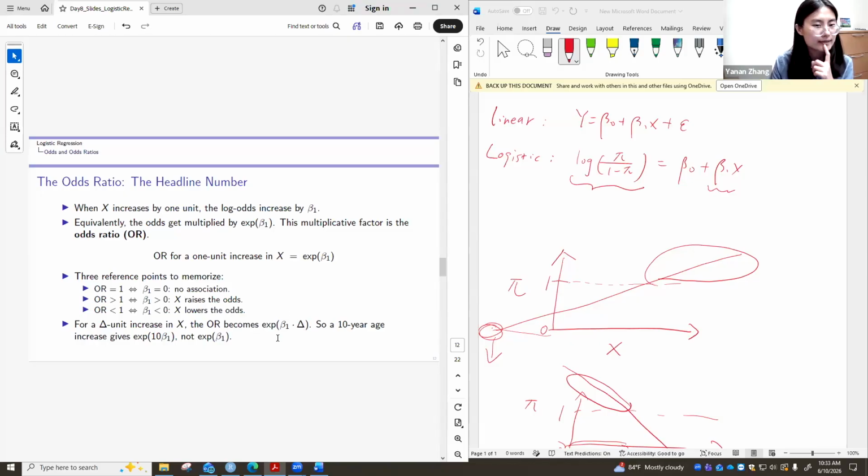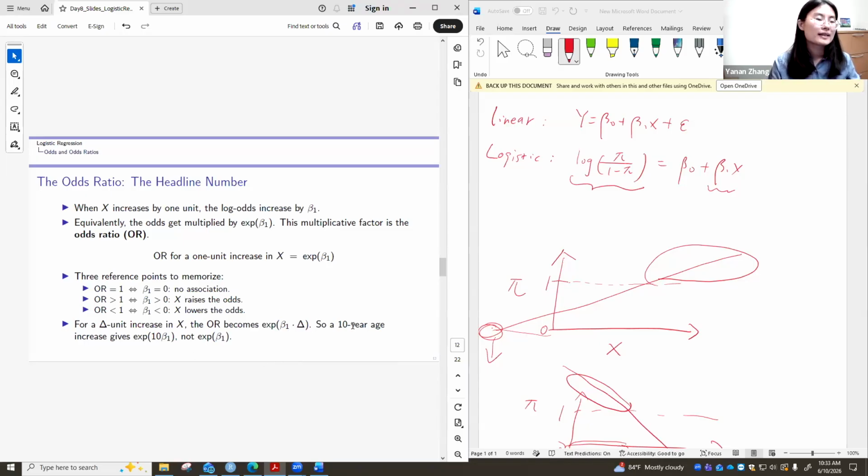This is important. When we do rescaling like this for logistic regression, we always need to do this first on the log odds scale, which is beta 1. Always do the rescaling first on the log odds scale, and then take the exponential to get the odds ratio.